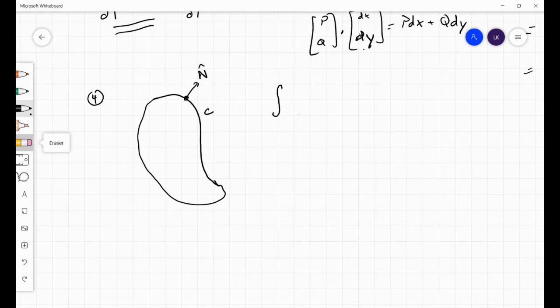So the integral over the closed curve of F dot n ds, the flux of the vector field through here, that would be the same as the integral of the divergence of the vector field over the region, with this being the boundary, and some area element.